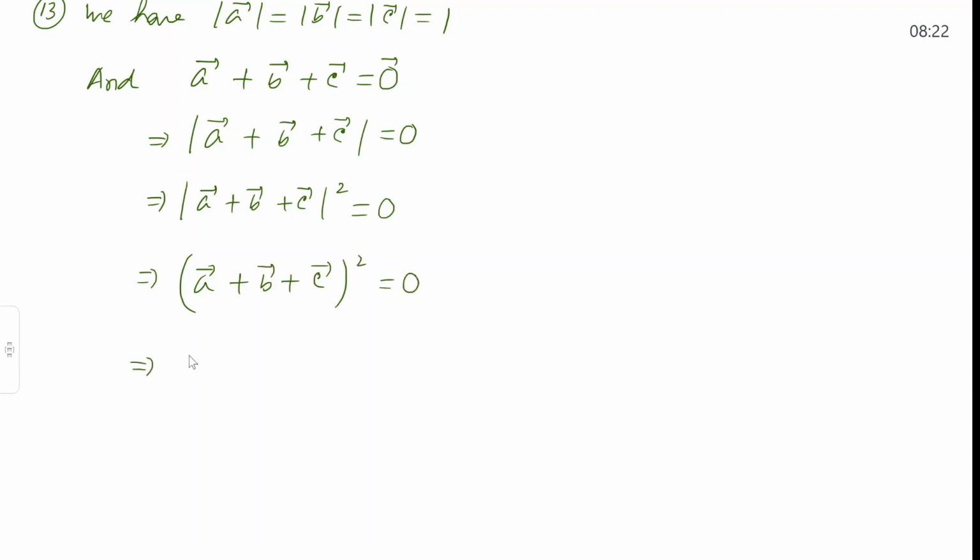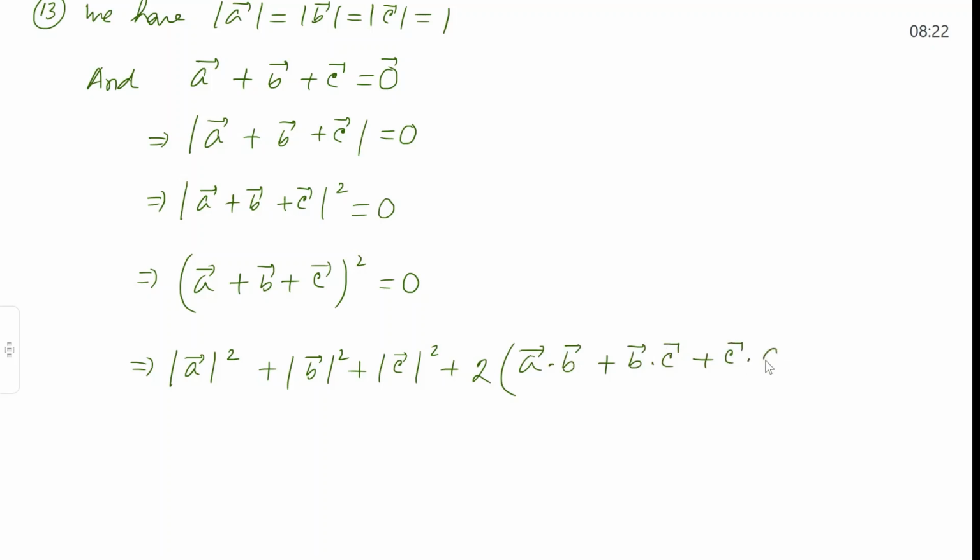Then expand this whole square, and we know that this expansion will give mod A square plus mod B square plus mod C square, plus 2 times of A bar dot B bar plus B bar dot C bar plus C bar dot A bar, and this result is equal to 0.